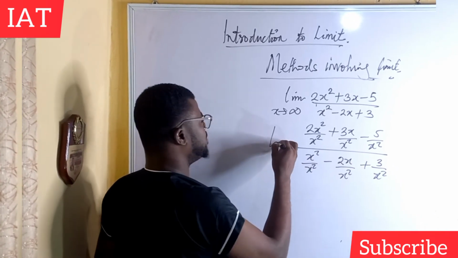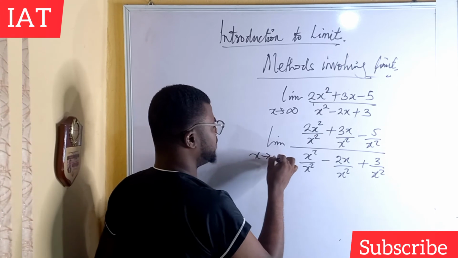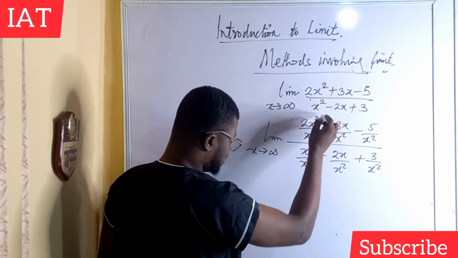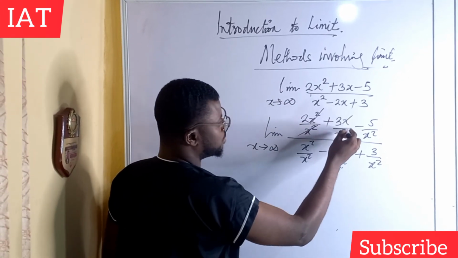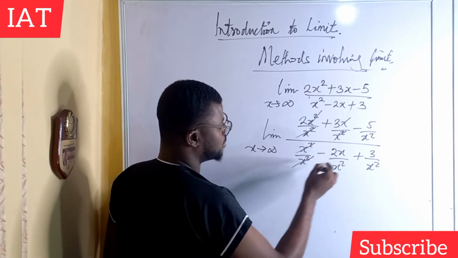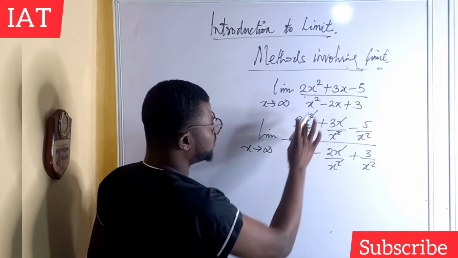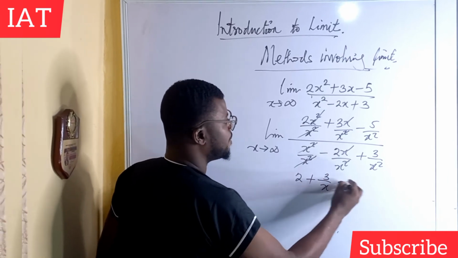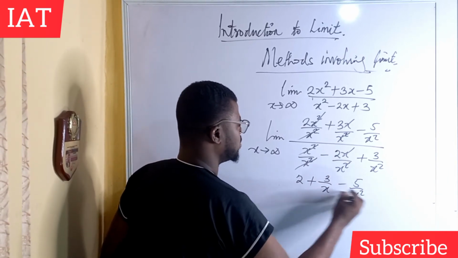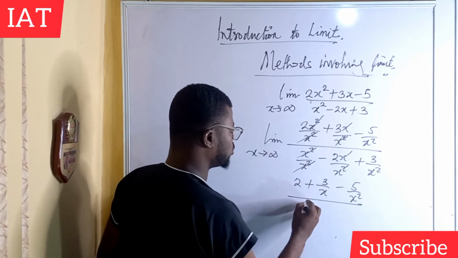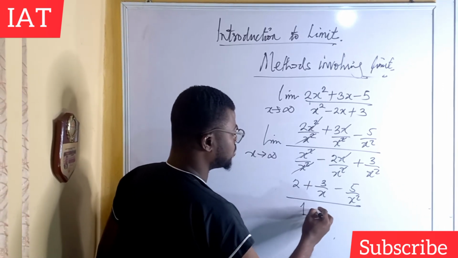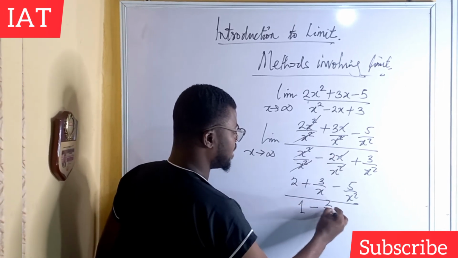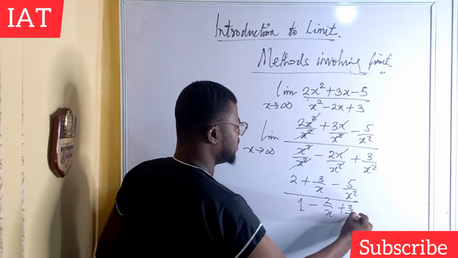This is the limit as x tends to infinity. What is the next step? I'm going to cancel out. What will be left here is just 2 plus 3 over x minus 5 over x squared, all over 1 minus 2 over x plus 3 over x squared.